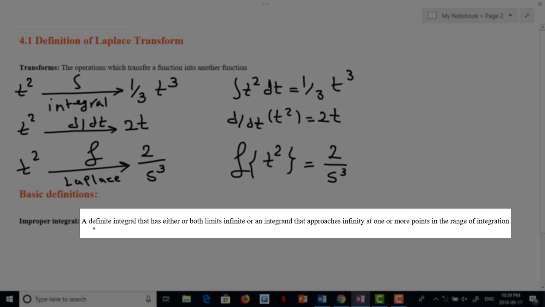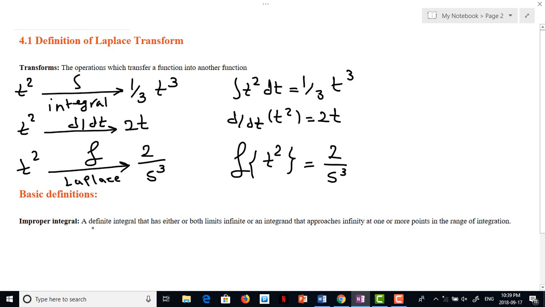For the first part of the definition, a definite integral that has either or both limits infinite, let's see how it is.